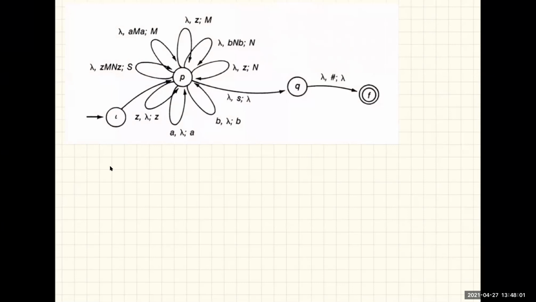So let's see how this works. This will have the same problem as before, that we need to explore all the different possibilities before saying that a grammar can be accepted or not. So suppose we have Zaza, bzz, bzz.